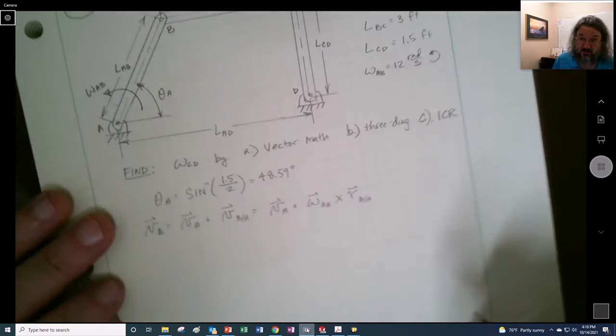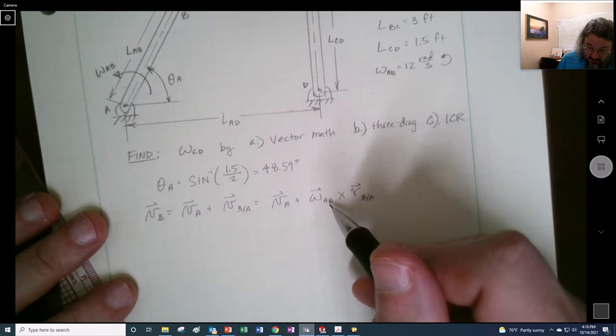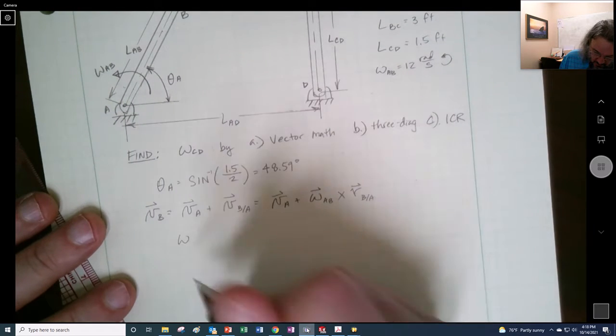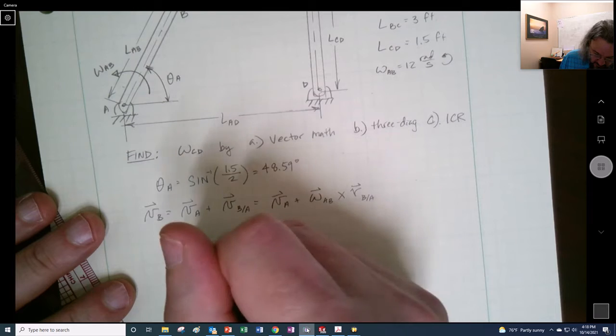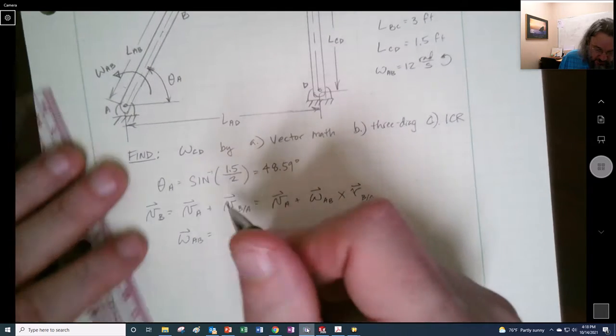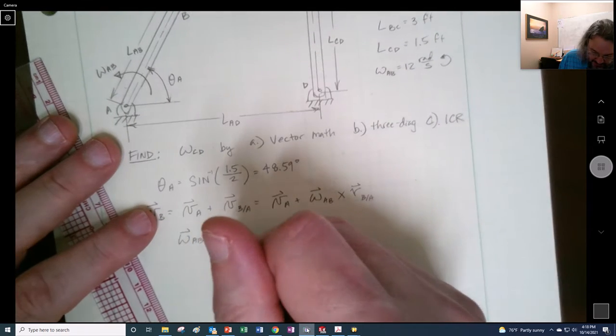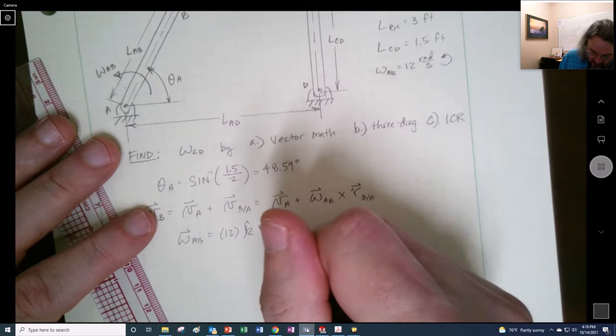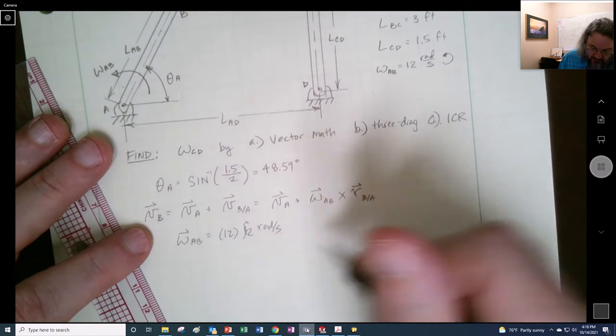It's always good practice to do these things. All right, so we know that omega AB is equal to, it's positive, and it's 12 K, right, radians per second.